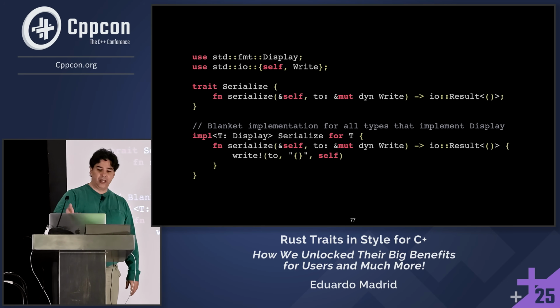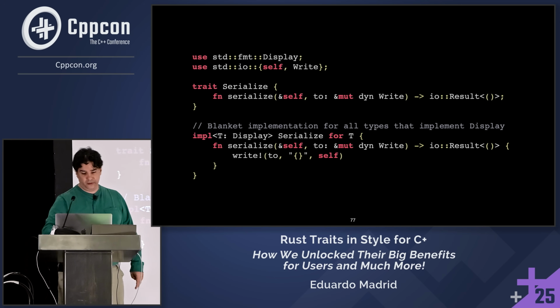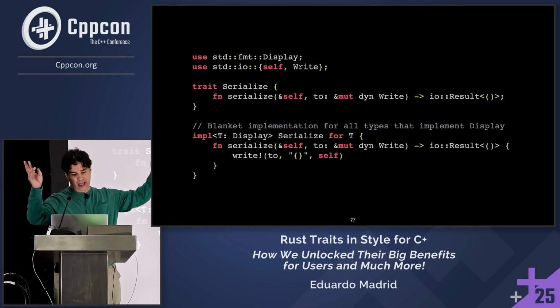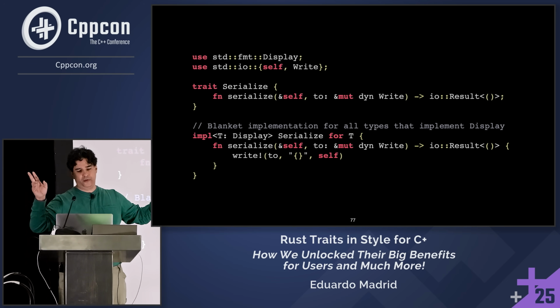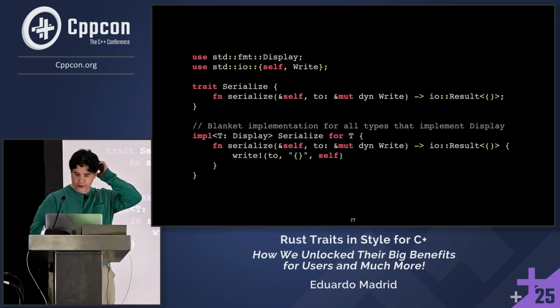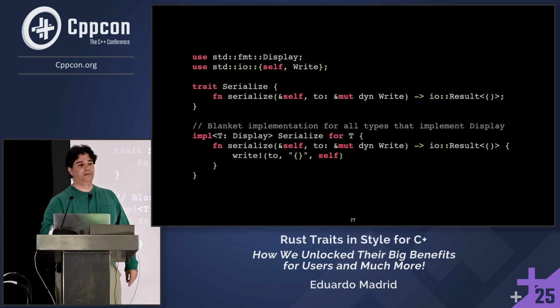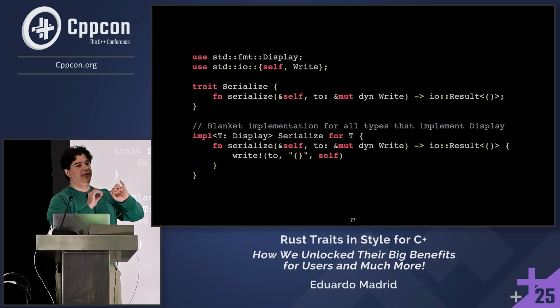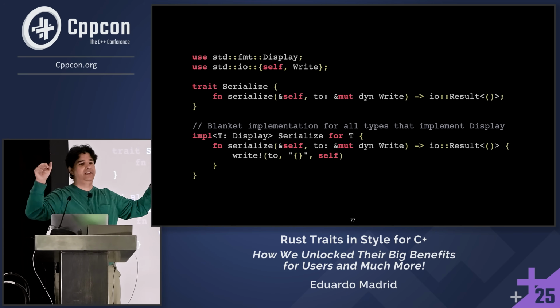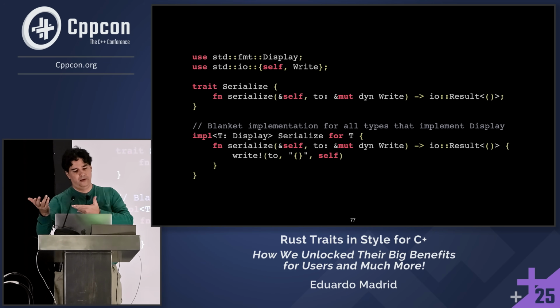And Rust allows you to accomplish what I showed you a moment ago in C++. It has a so-called blanket implementation for all types that implement the trait. So this will be the way to do it. So the impl T colon Display is restricting what we will call the template parameter T via the concept of Display.